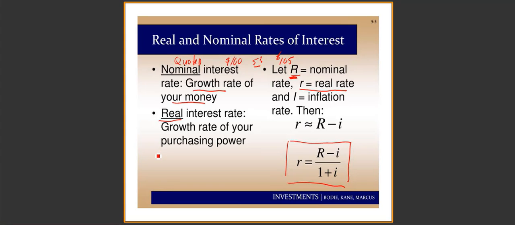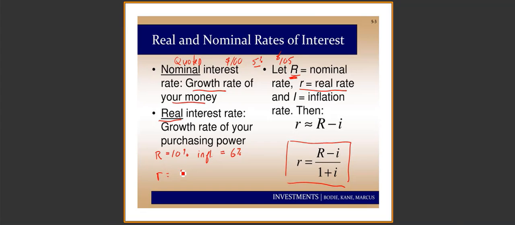Let's assume the nominal rate is 10%. Let's assume that inflation is 6%. We can solve for the real rate. Yes, it's true. Your money's going to grow at 10%. But that's not real growth because of inflation.